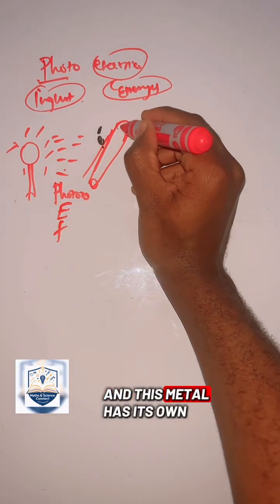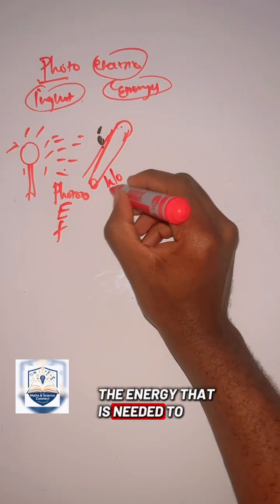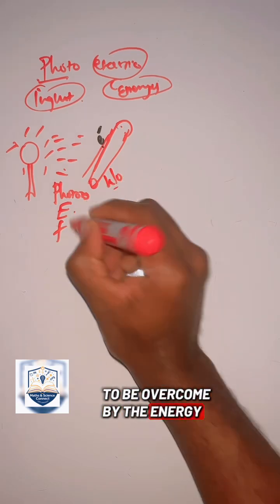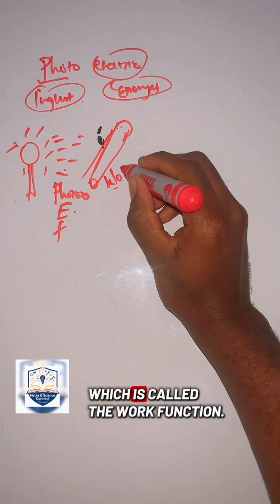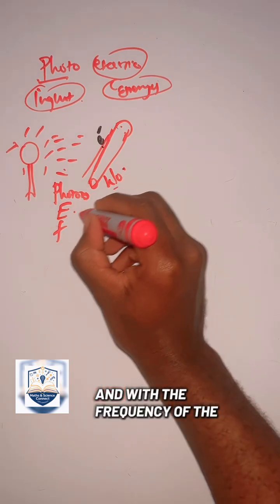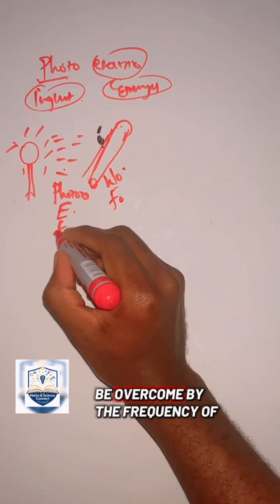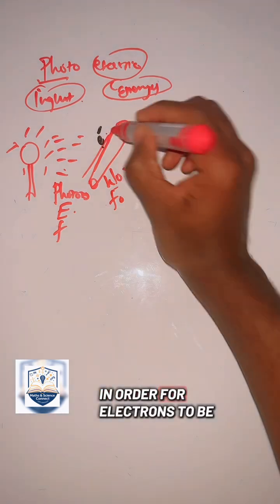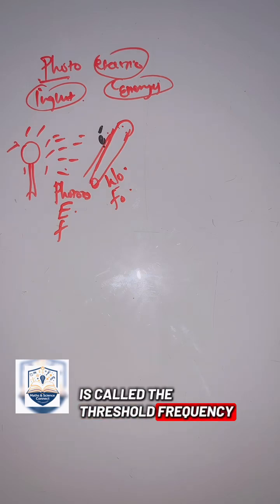The metal also has its own energy that must be overcome by the energy of light in order for electrons to be emitted, which is called the work function. And the frequency that must be overcome by the frequency of the light in order for electrons to be emitted is called the threshold frequency.